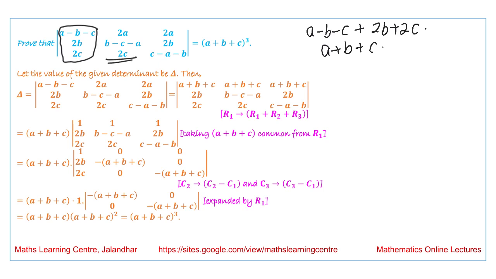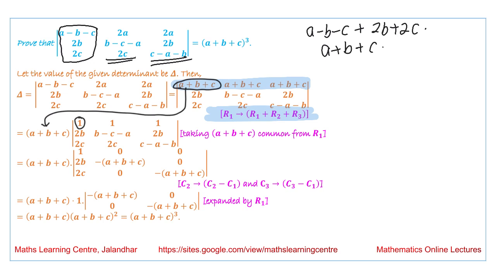Similarly for the second column, similarly for the third column. So the operation we are going to perform is row 1 approaches row 1 plus row 2 plus row 3. So all the elements in row 1 will be in the form a plus b plus c. Now we take a plus b plus c common.